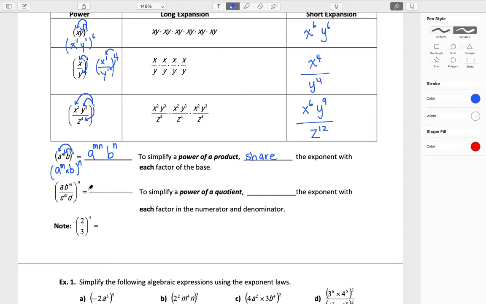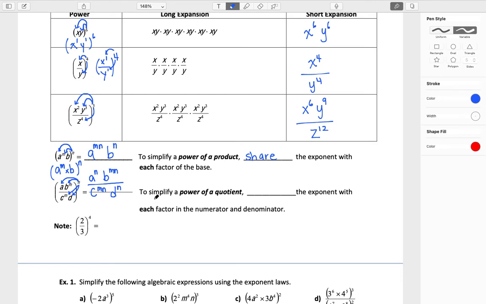So same thing here, n will be applied to b, a, d, and c. So it will be a to the n, b to the m times n, over c to the m times n, and then d to the n.